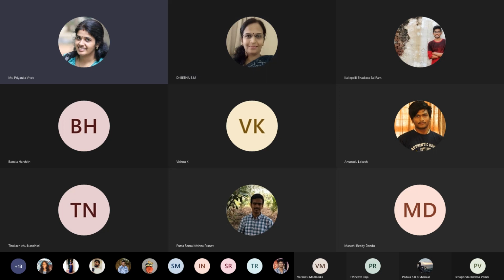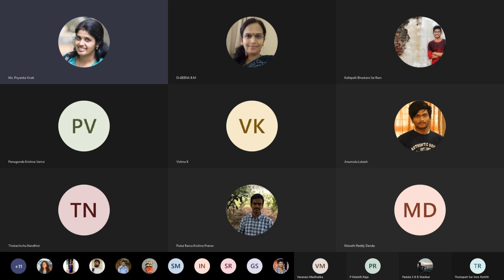Bina ma'am, I have given this instruction in our previous lab. A few of them wanted to form their groups on their own, so I told them they can do that. The rest of them who don't want to form groups, we can just assign based on the register number or something. Likewise, 5 in a team, we'll form groups, and then they'll start searching for the data set.